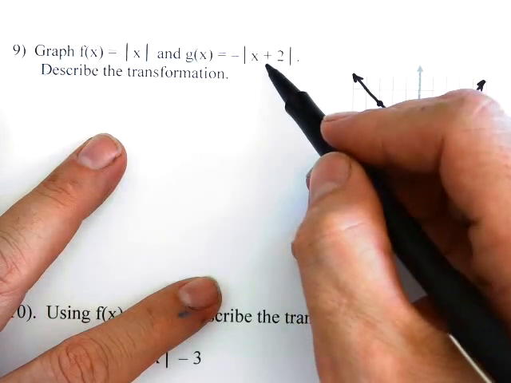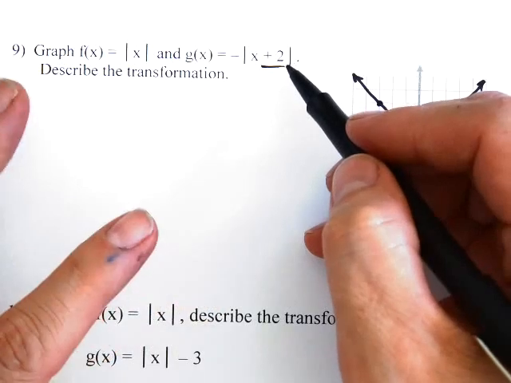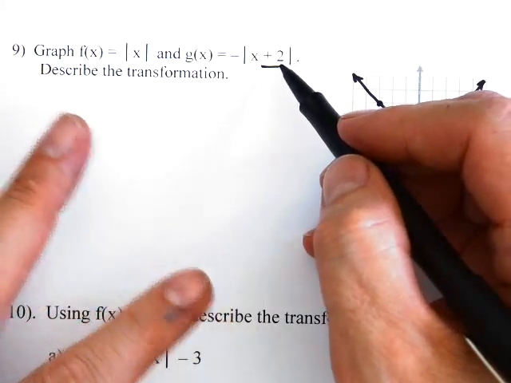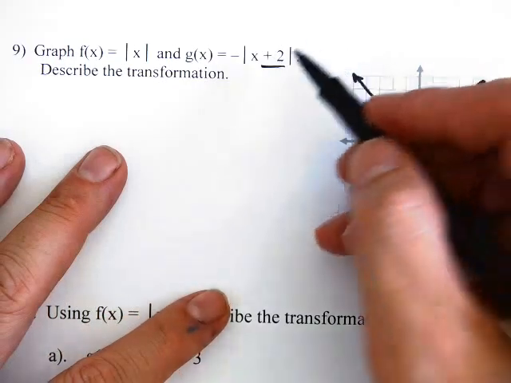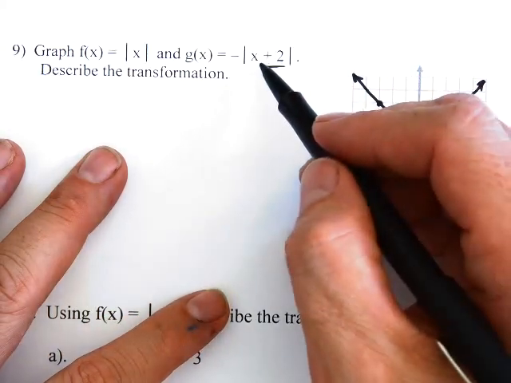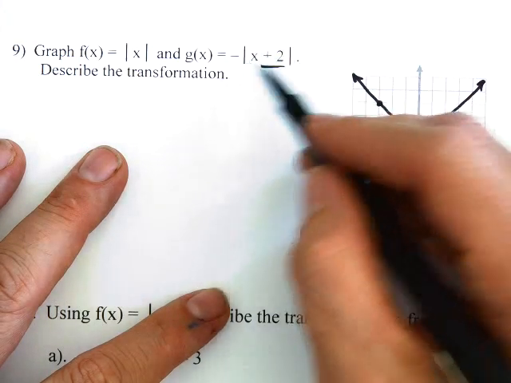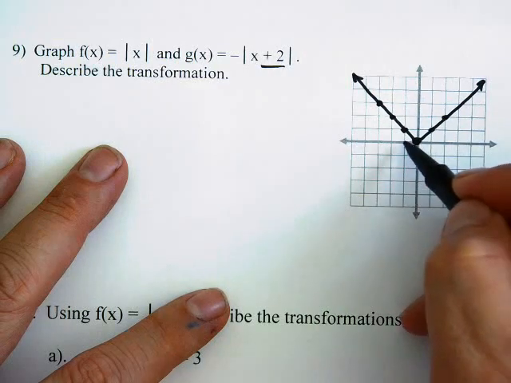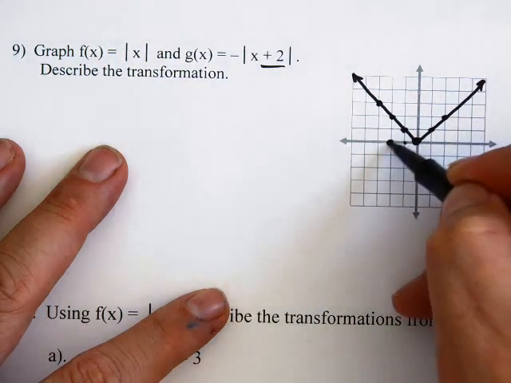So it says x plus 2. What did this plus 2 do to the graph inside the function there? Well, plus 2 would make me actually move it 2 to the left, because I'm in there with x, so it's going to go 2 to the left everywhere. So that's the new vertex.